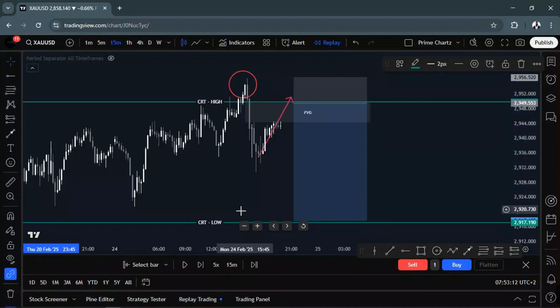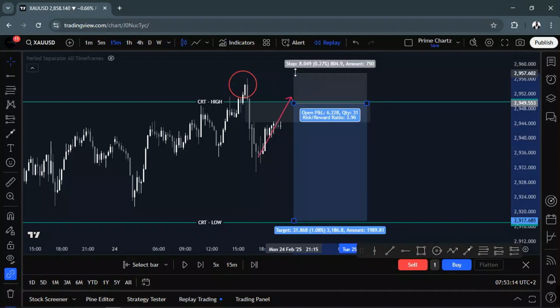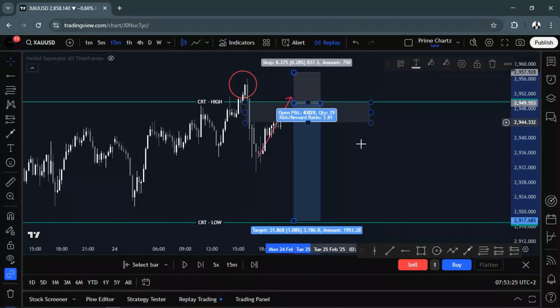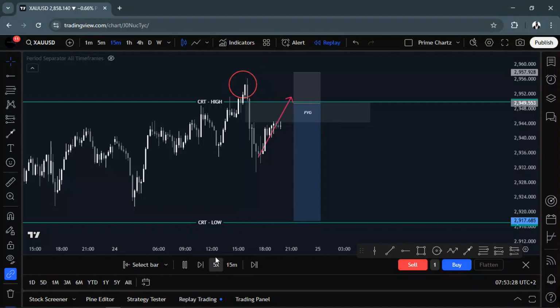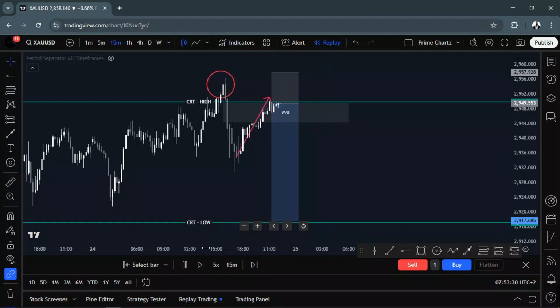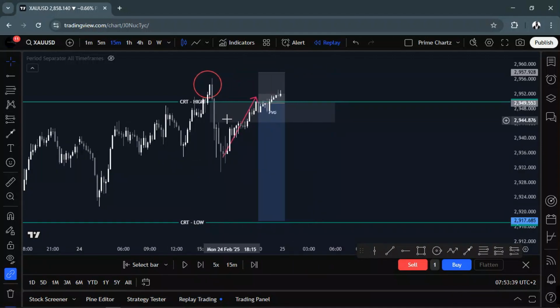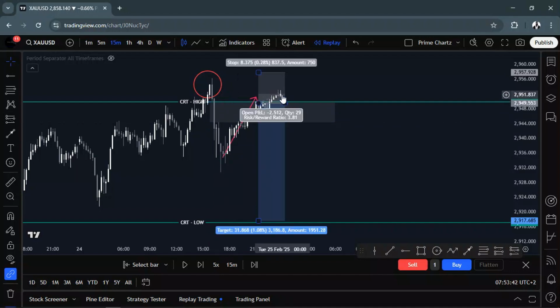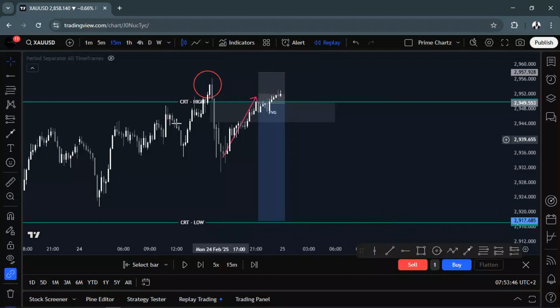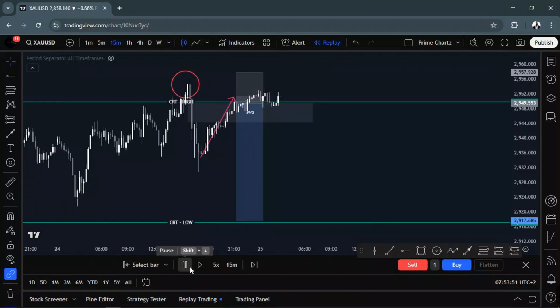So the swing low would be our target, and our stop loss can be just above this level right here. Okay, so now let's wait and see. So now we can see that the fair value gap has been filled right here. So now let's just wait and see what's going to happen.